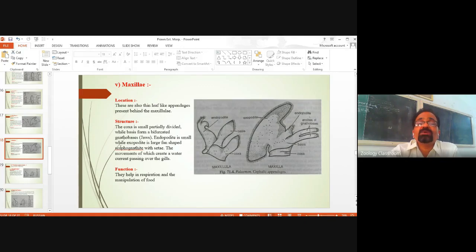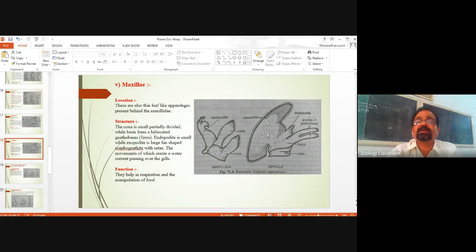Endopodite is small while exopodite is large, fan-like. So this is the endopodite and this is the exopodite. These are the structures which are arising from the basis. And as the maxilla is having both endopodite as well as exopodite, these maxillae are biramous.